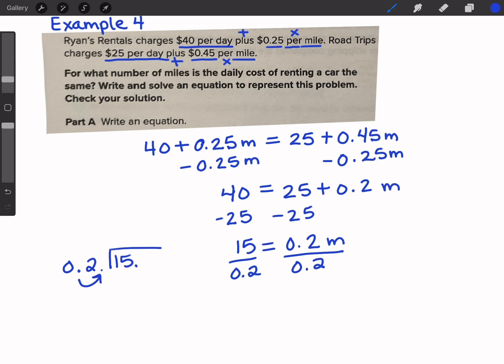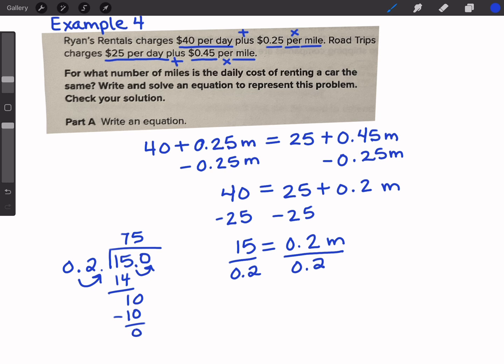But that means that I have to add a decimal point here and add a placeholder here so that I can move the decimal. 2 goes into 15 7 times. That's 14 with 1 left over. Bring down my 0. And then 2 can go into 10 5 times with 0 remaining.